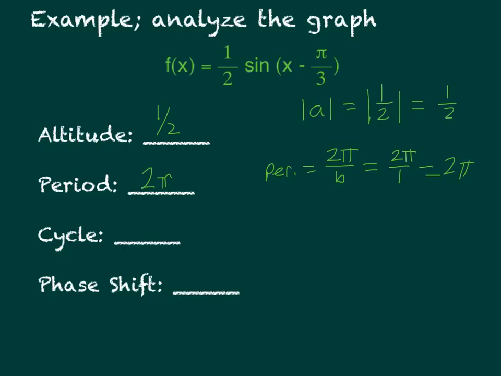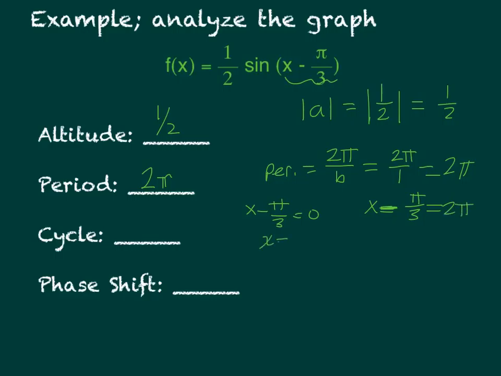And now the cycle is going to be similar to that, except we want to actually find the endpoint of our cycle. So for the cycle, what I'm going to do is I'm going to actually set x minus pi over 3, whatever's in here, equal to 0 and 2 pi. And then we just solve those for x.